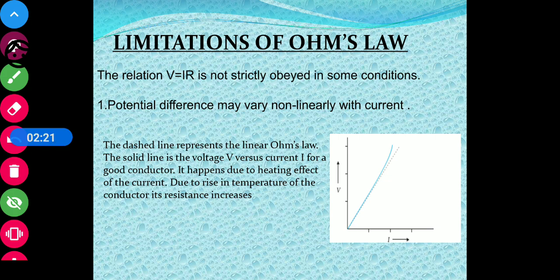Because it is curved towards the upper side, it shows that the resistance of the conductor has increased. When the temperature increases, the resistance of the conductor increases and the slope increases. So when the temperature increases, V is equal to IR is not followed.